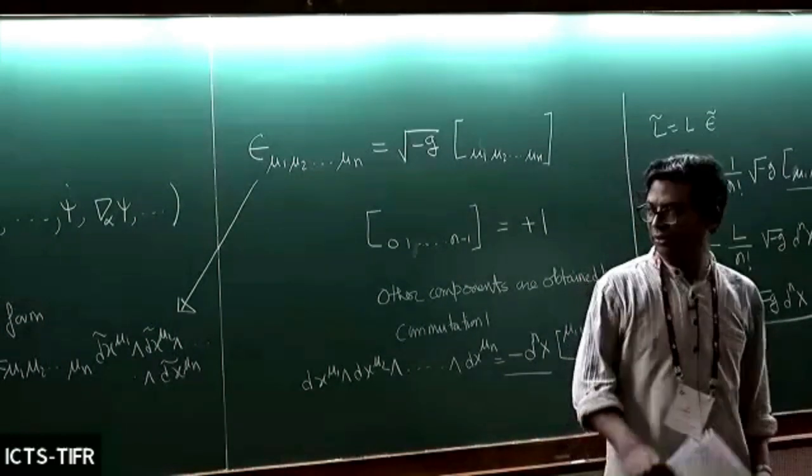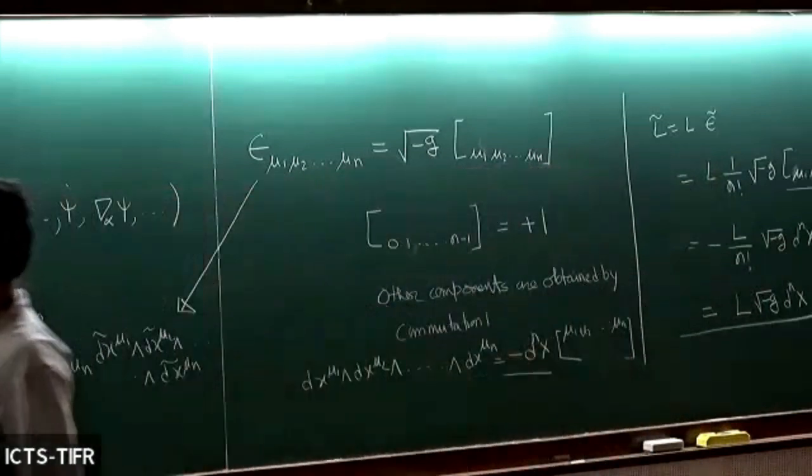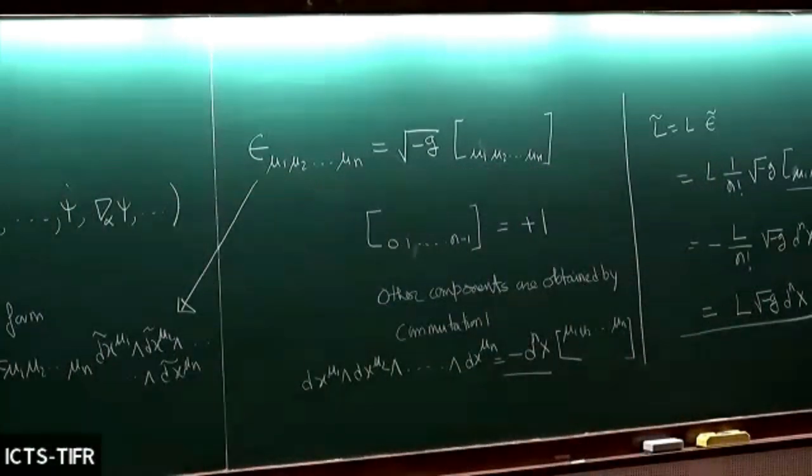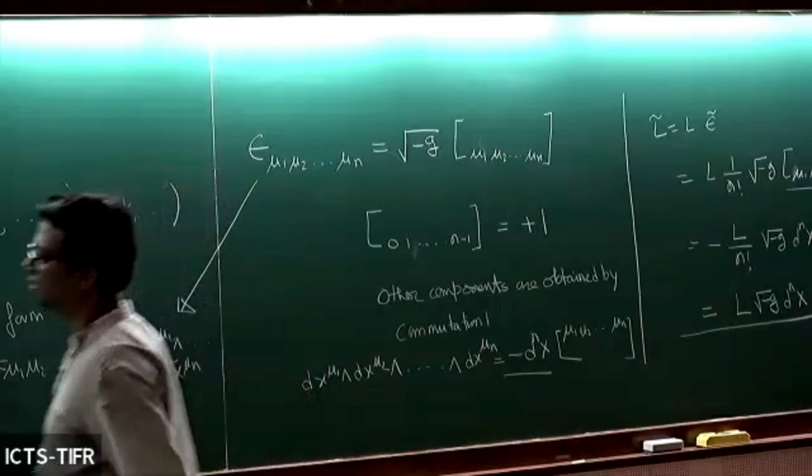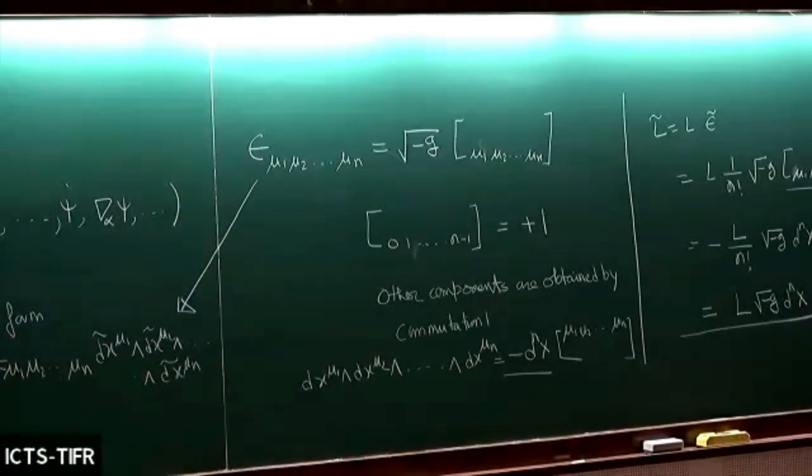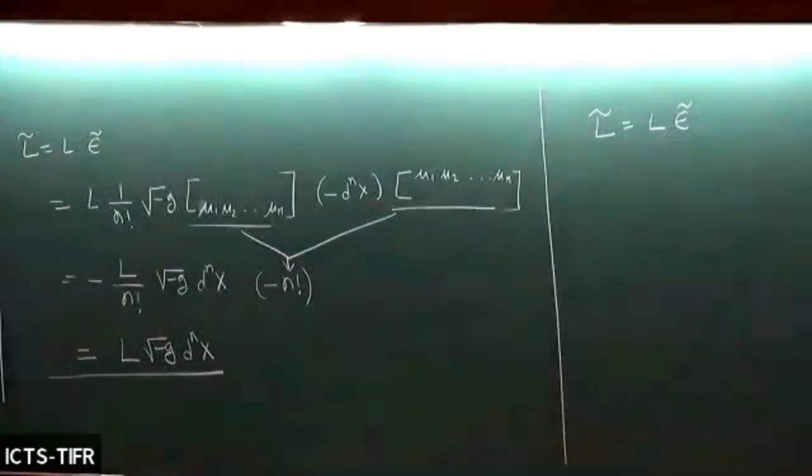This is the Lagrangian of the space-time, like in simple general relativity: R square root of minus g d4x in 4 dimensions. Here, I'm writing it as R square root of minus g dnx. Clear? That's all. Should I go ahead?